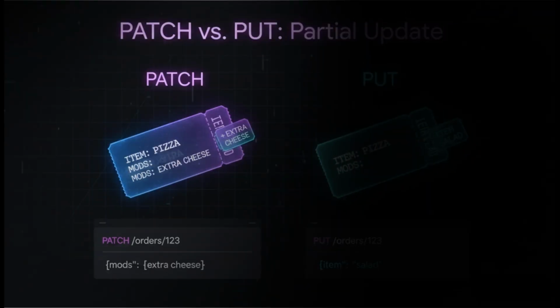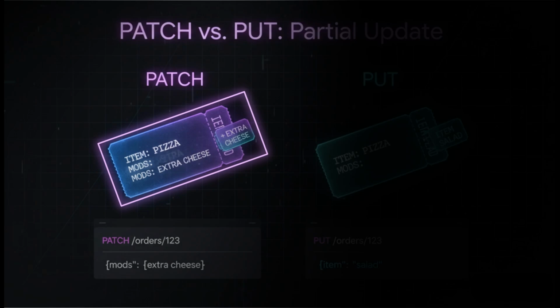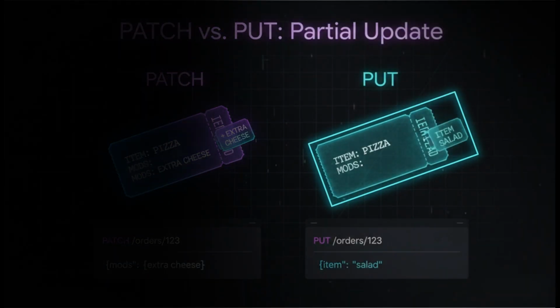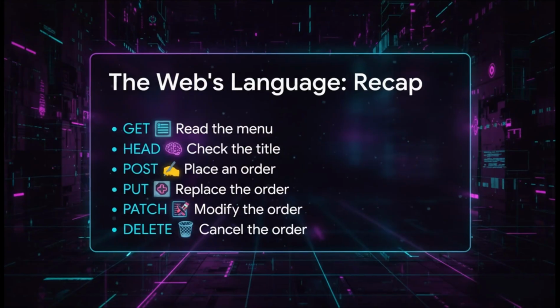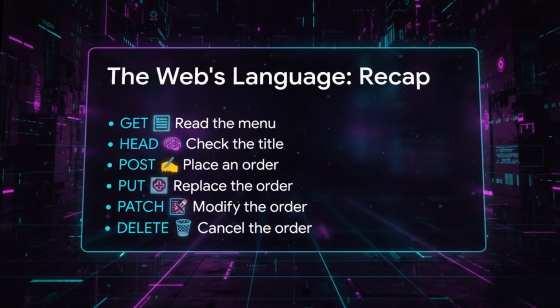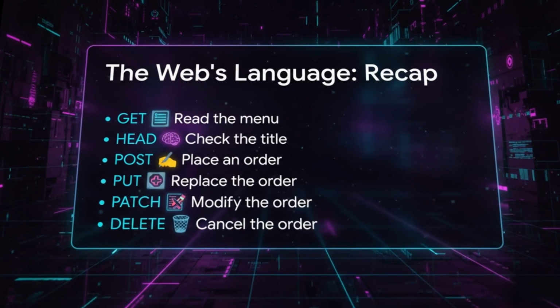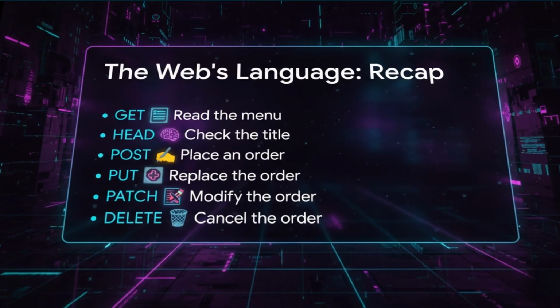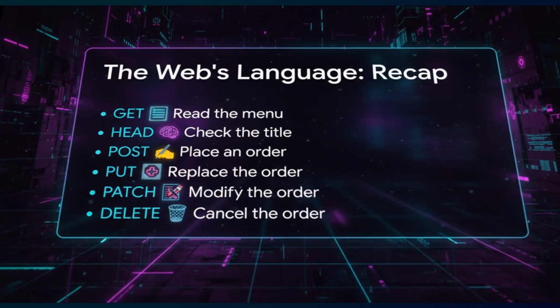Patch only updates a specific part of it. For example, asking for extra cheese on your pizza. You are modifying a part of your order, not replacing it entirely. These methods are fundamental to how clients like a web browser and servers communicate on the web, forming the basis of the REST or representational state transfer architectural style of designing networked applications.